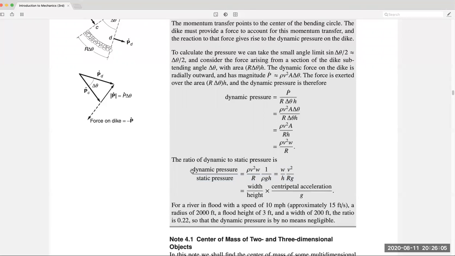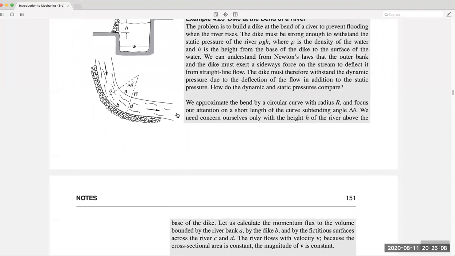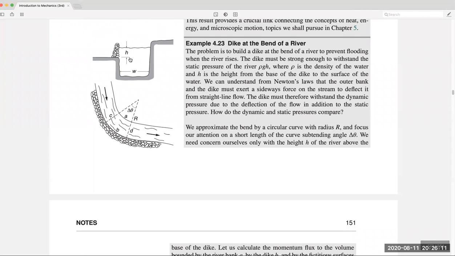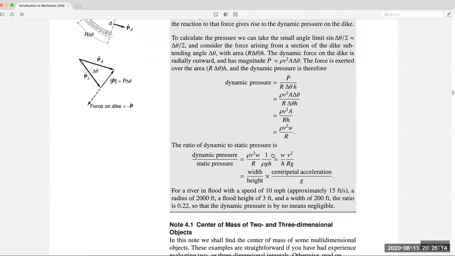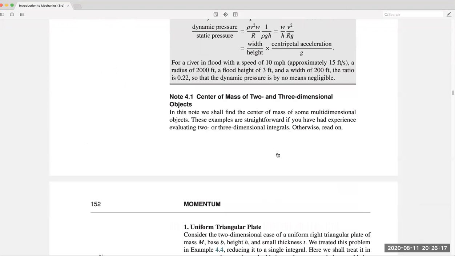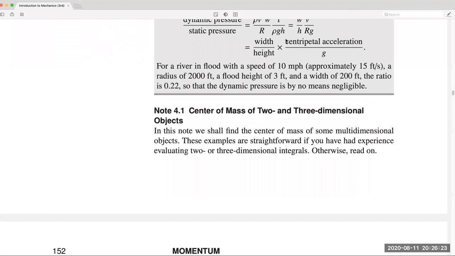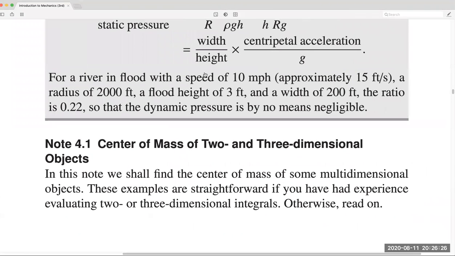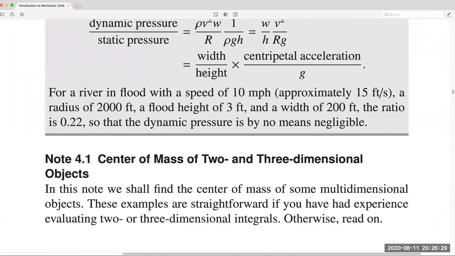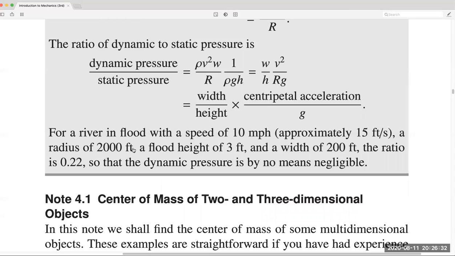So if you're talking about the force ratio, this is not the answer. I told you that the dynamic pressure cannot be neglected. It's not negligible. The ratio is around 0.22 for some values here.